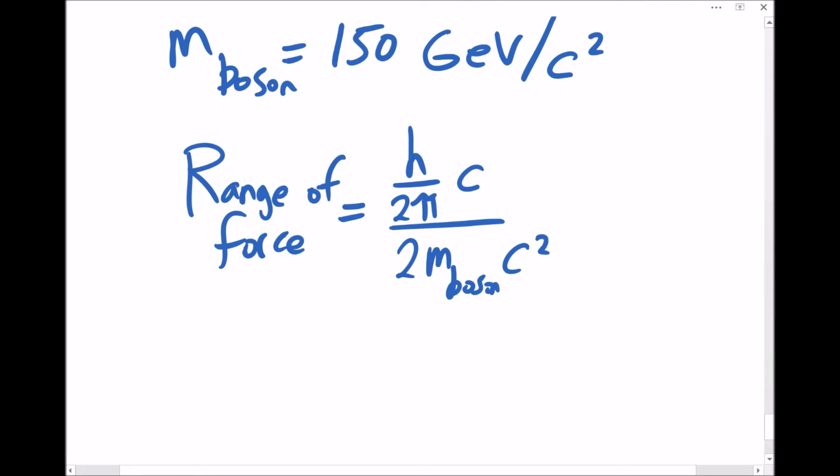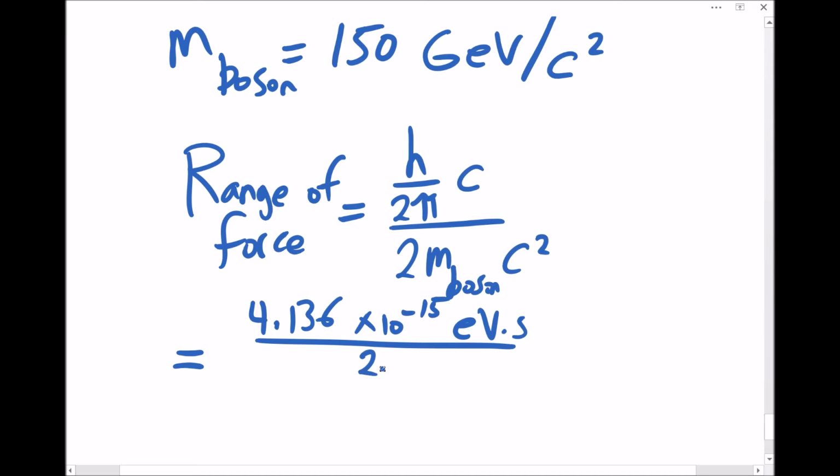So now we can take Planck's constant, which is 4.136 times 10 to the negative 15 electron volt seconds.